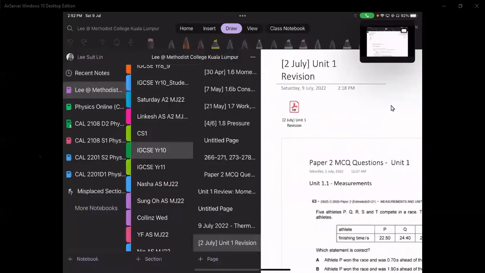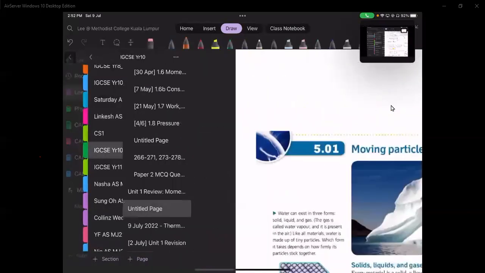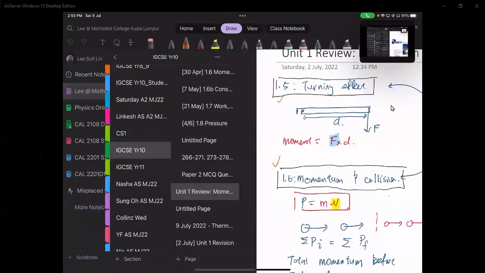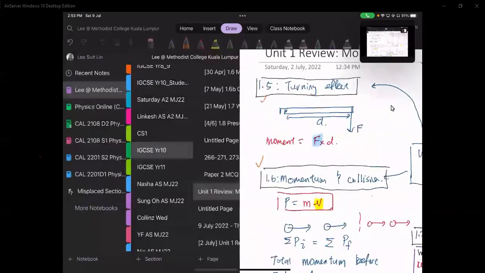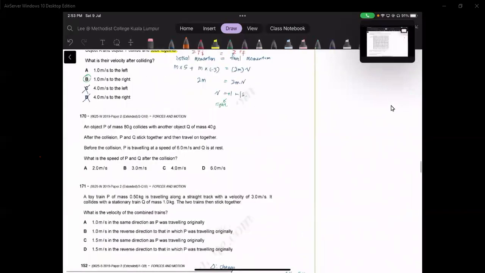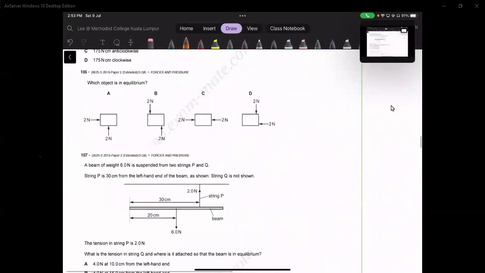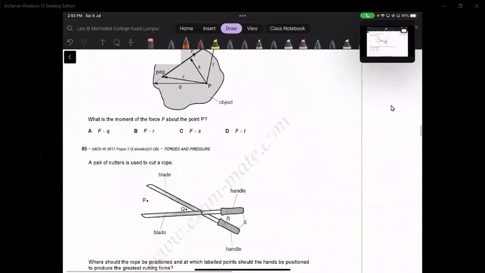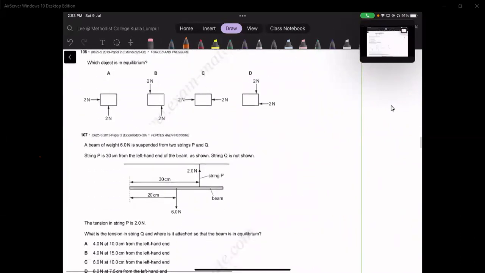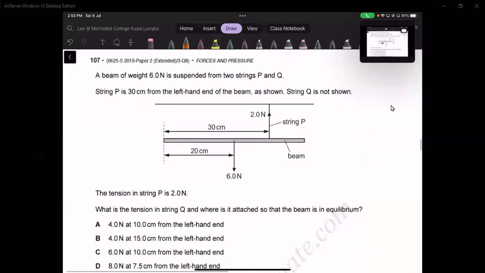Do 107. In 1.5. Okay. So we're going to do 1.5, and it's mainly about movement and turning effect. So if you look at 107, we'll give Jeremy a minute or two to find the question one under subtopic 1.5.